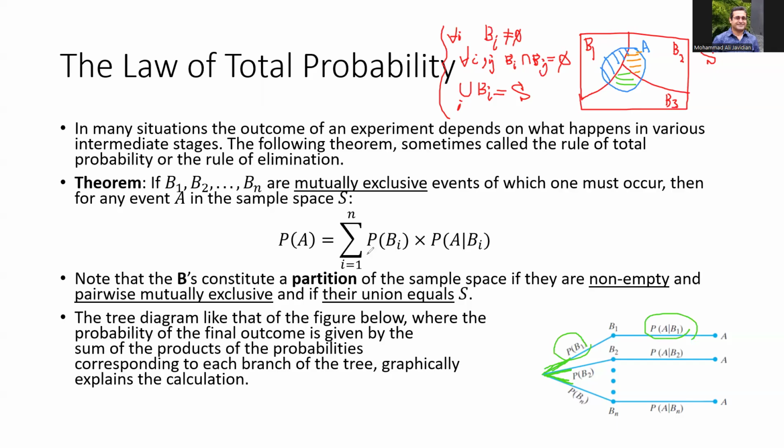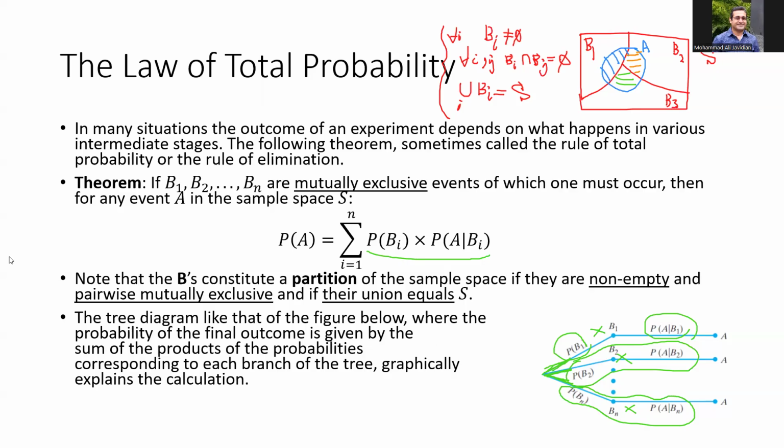When you do this, the probability of A is the summation of all these multiplications: P of B1 times P of A given B1, P of B2 times P of A given B2, and P of B3 times P of A given B3. So that's the way that you can write down the total probability of A.